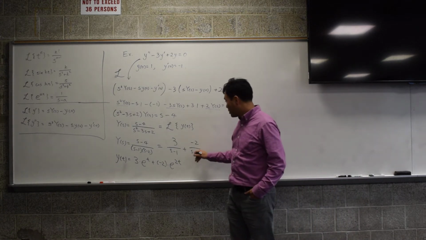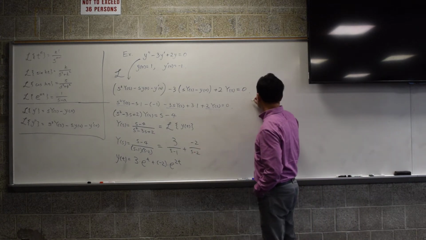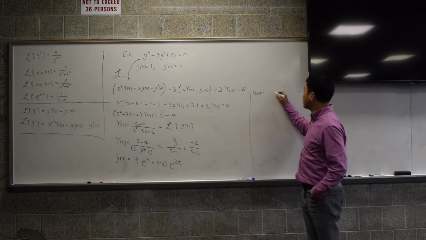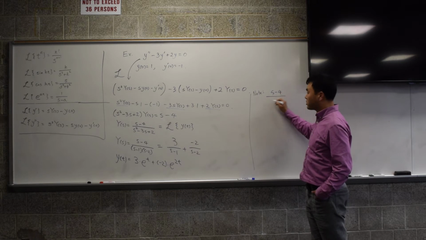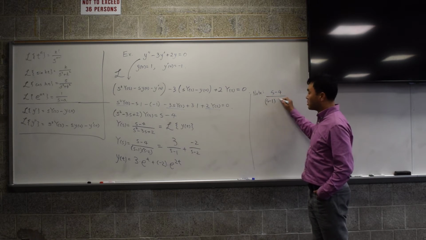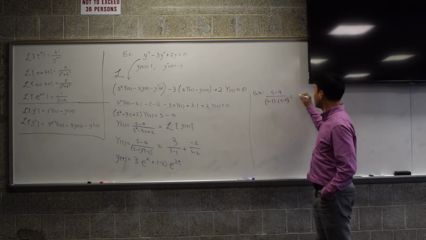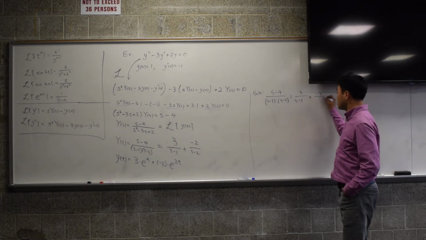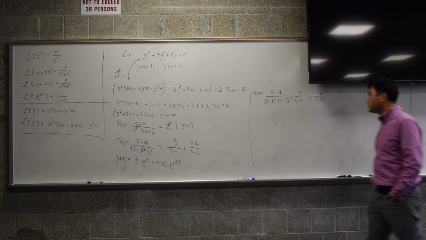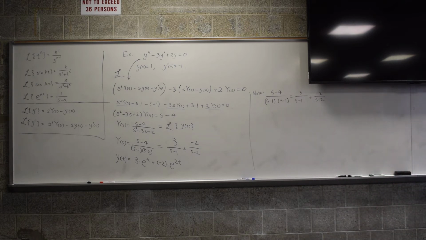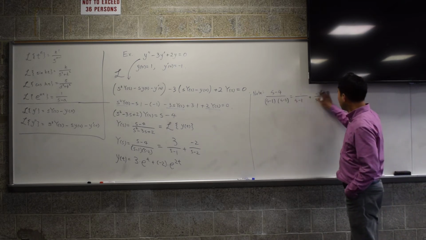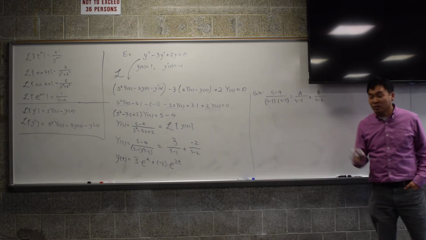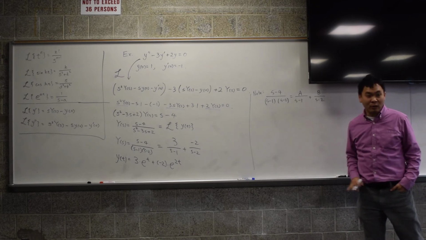Okay, so let me write a short note here. So note, if you had (s minus 4) over (s minus 1)(s minus 2) equals 3 over s minus 1 plus negative 2 over s minus 2, then, sorry, I should have these as a and b. And let's say I want to find out what a and b are.